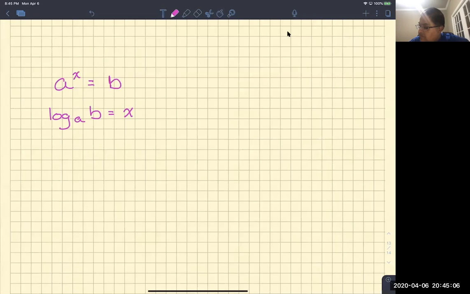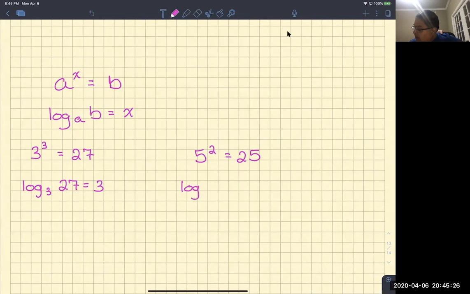So let's look at some other examples. 3 cubed is 27. Log base 3 of 27 is 3. 5 squared is 25. Log base 5 of 25 is 2.